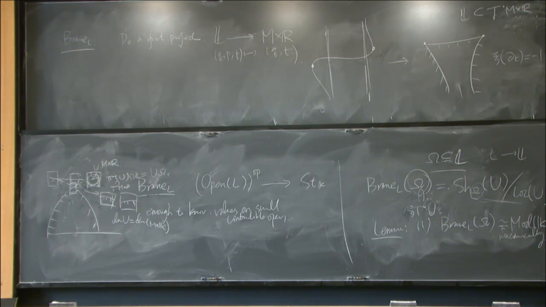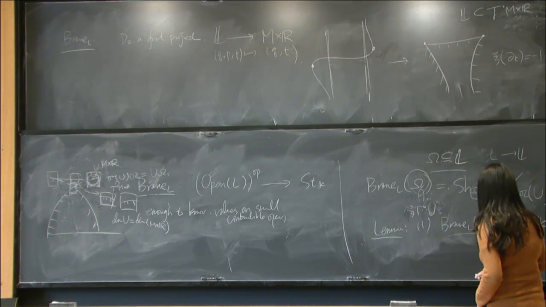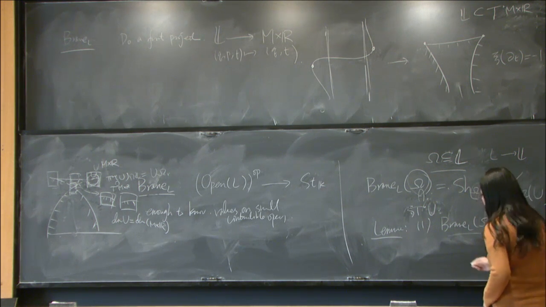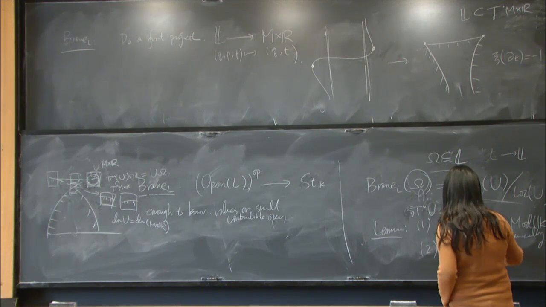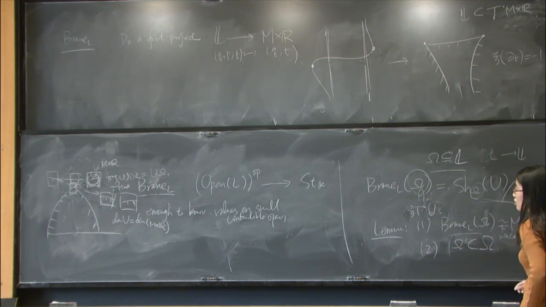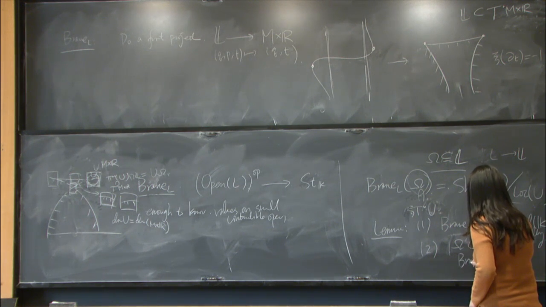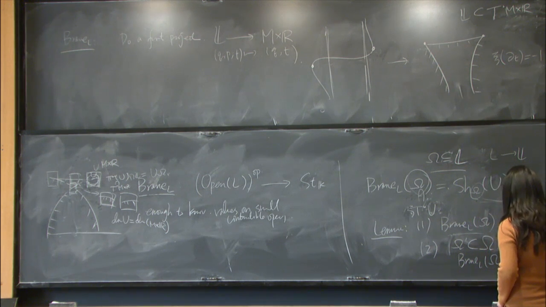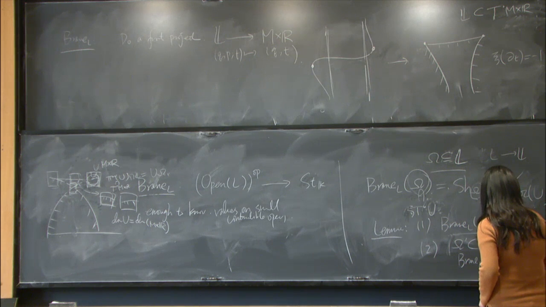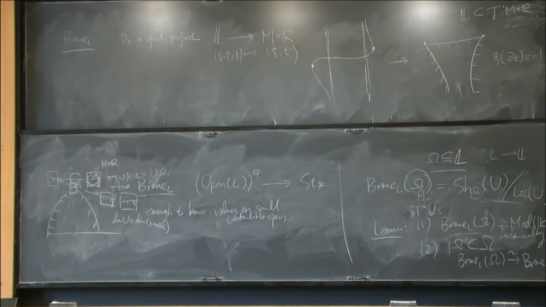So Brane L on omega is always equivalent to mod k, and whenever you have a restriction map for two contractible small opens, the restriction is always an equivalence. So this ensures that Brane L defines a locally constant sheaf with fiber mod k.